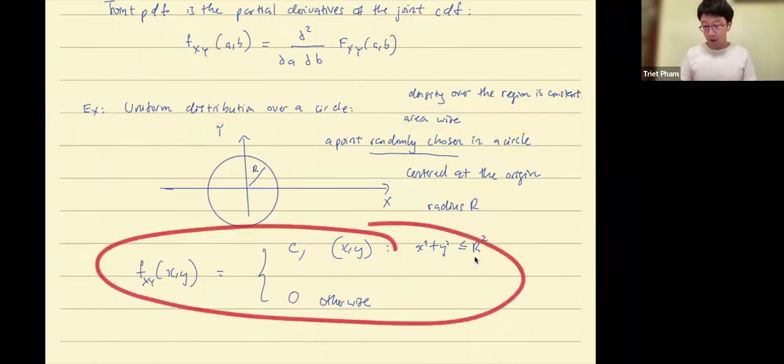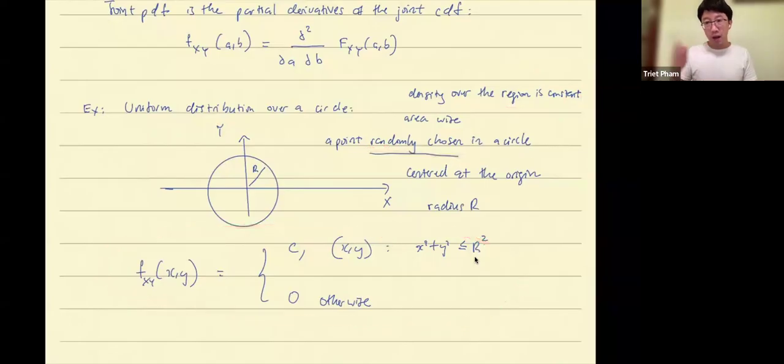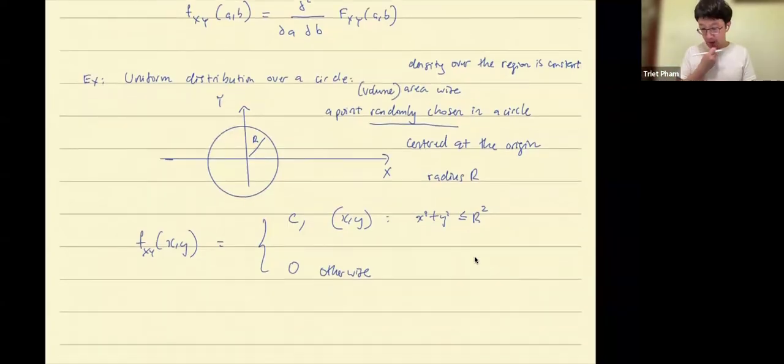So it's uniformly chosen area-wise, or volume-wise if it's three-dimensional or higher. Any question about the description of this joint distribution?